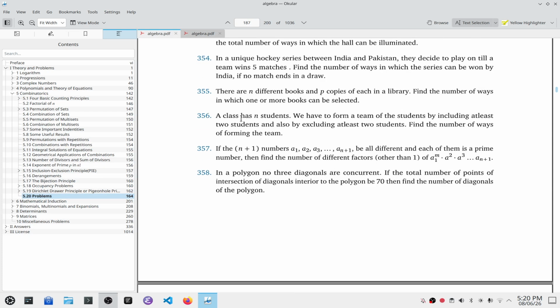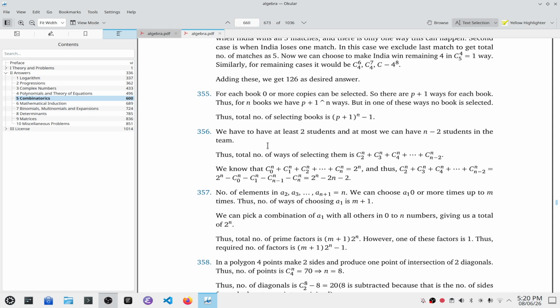Question 356 says that a class has n students. We have to form a team of the students by including at least 2 students and also by excluding at least 2 students. Find the number of ways of forming them. So we have at least 2 students and at most n minus 2 students in the team. The total number of ways of selecting is nC2 plus nC3 plus nC4 up to nC(n minus 2).